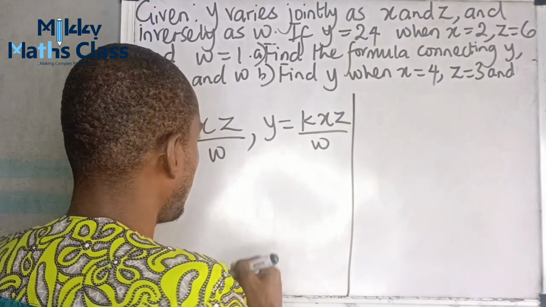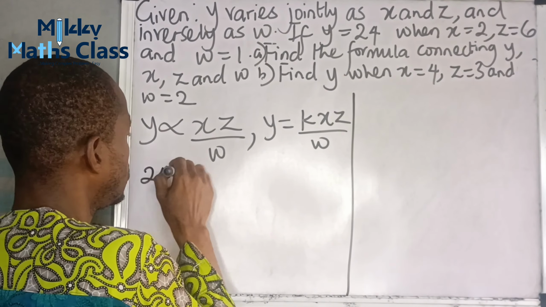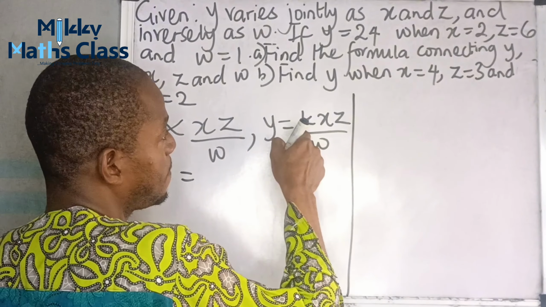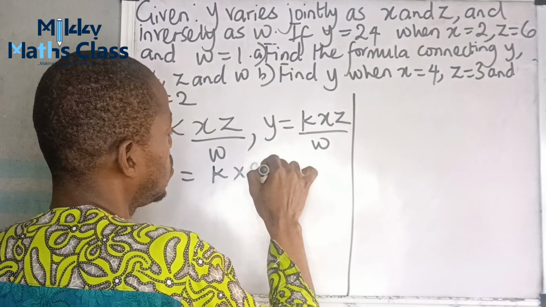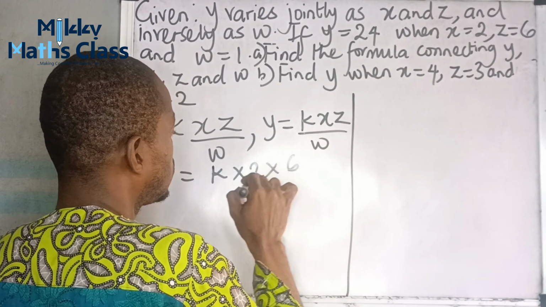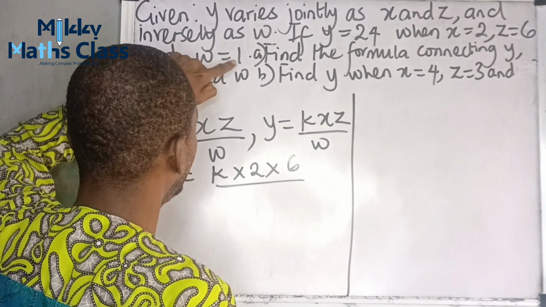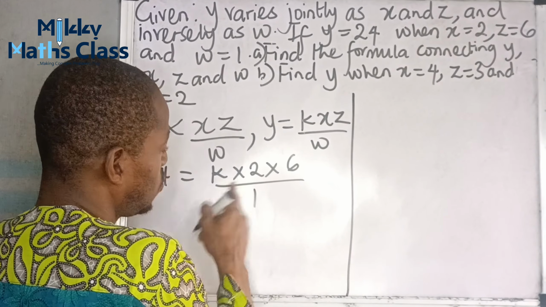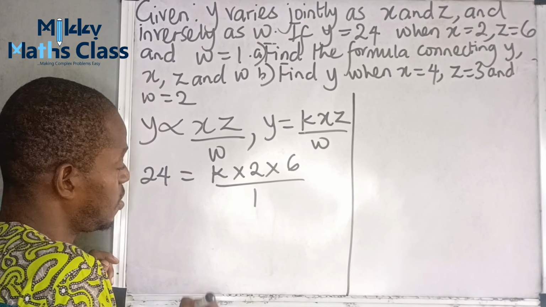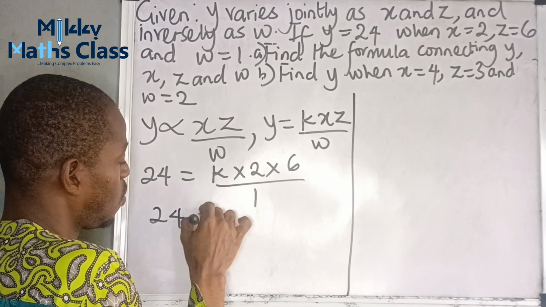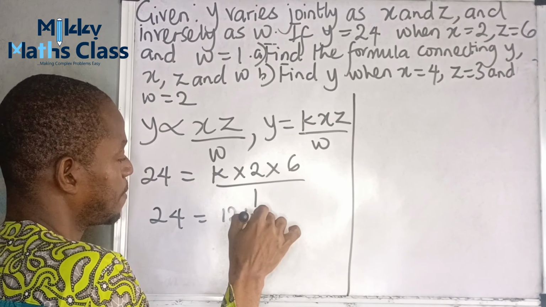So y is 24. So 24 equals our k times our x is 2 times our z is 6 over, what's our w? 1. So this is k times 2 times 6, that's 12k. So that's 24 equals 12k over 1.